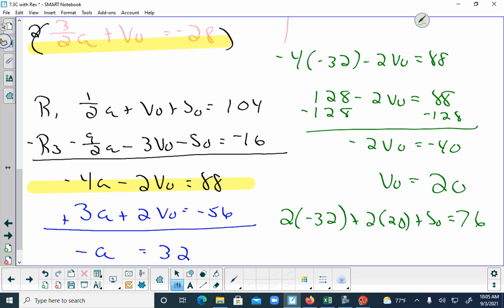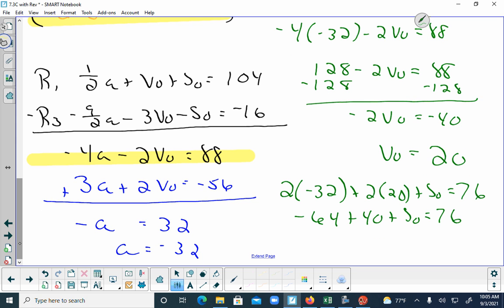Then you get negative 64 plus 40 plus s sub 0 equals 76, which is negative 24. So then you have s sub 0 equals 52. No. S sub 0 equals 100.